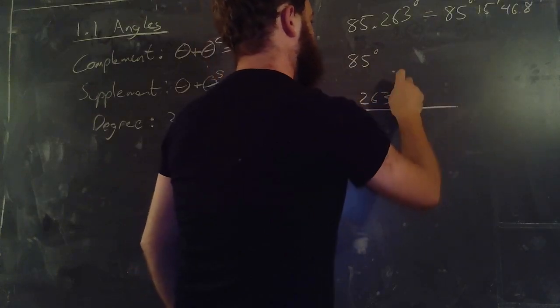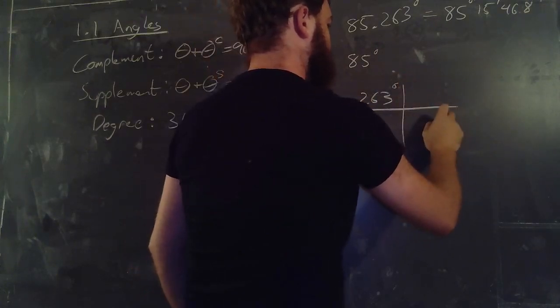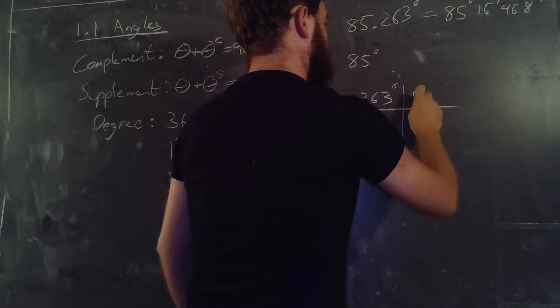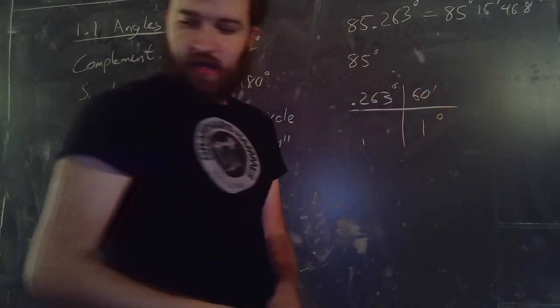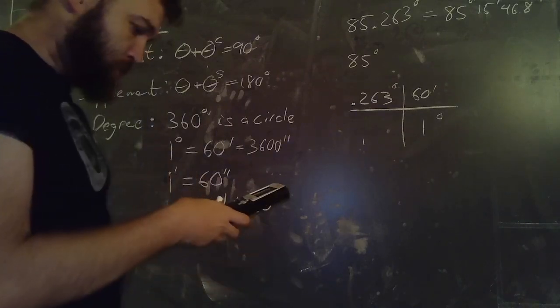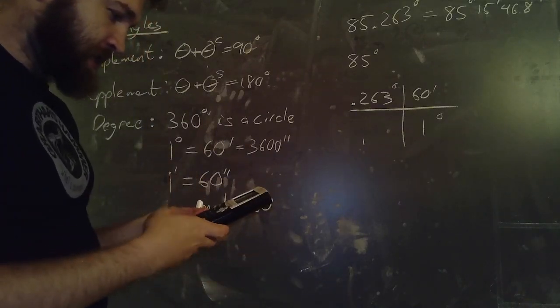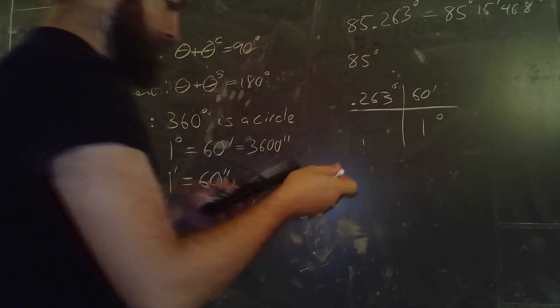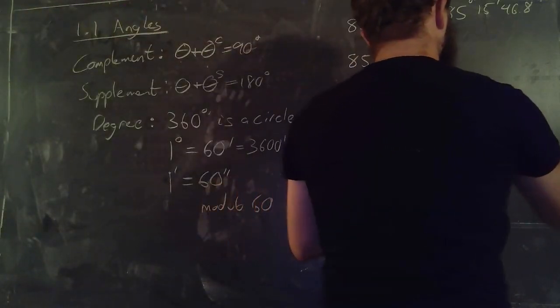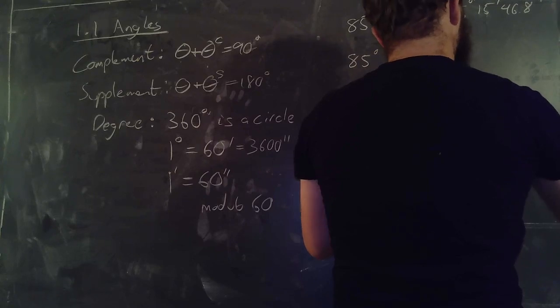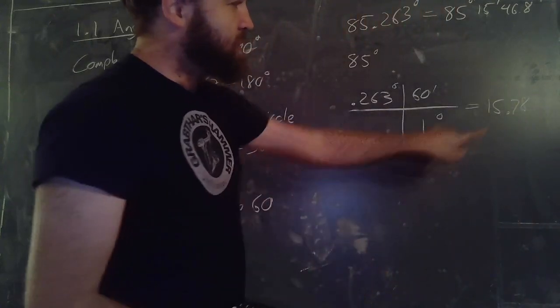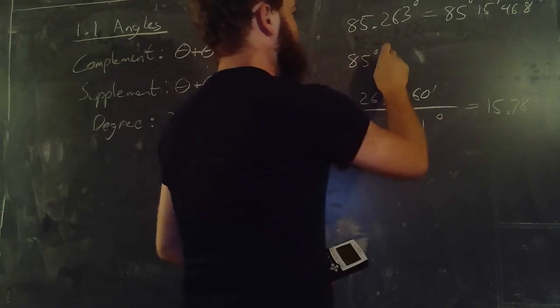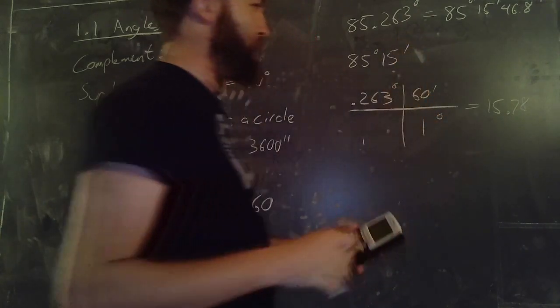So in degrees, we know there are 60 minutes. So if I multiply 0.263 by 60, it will give me 15.78.